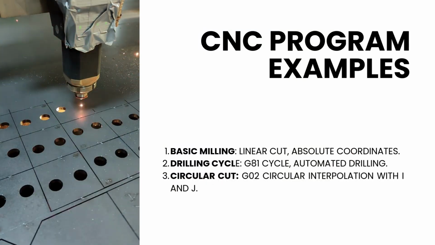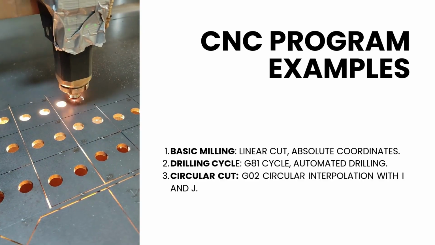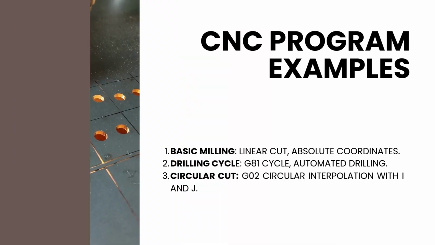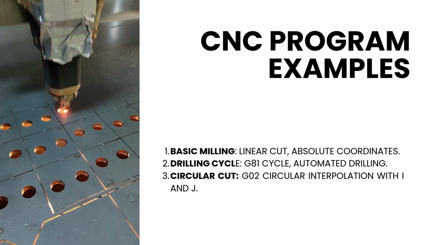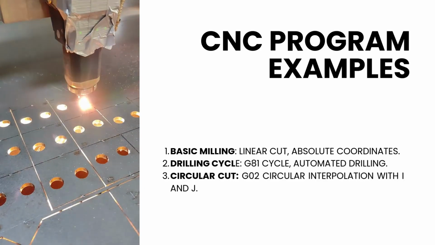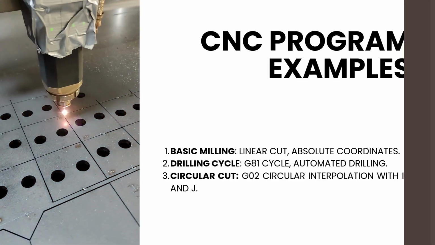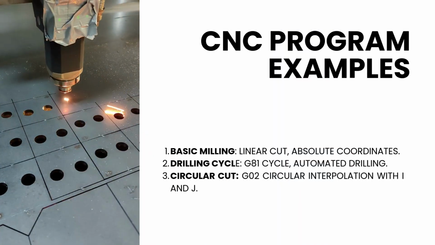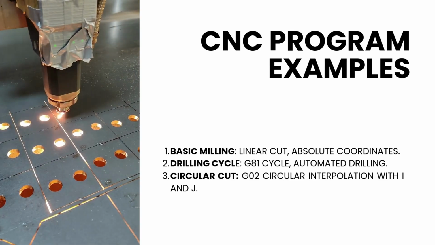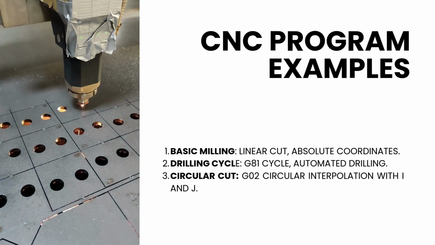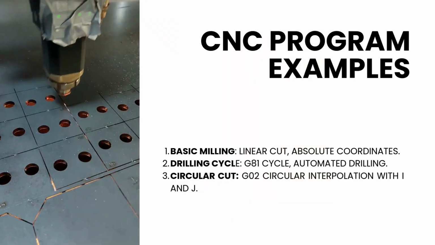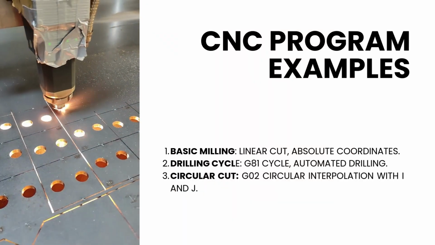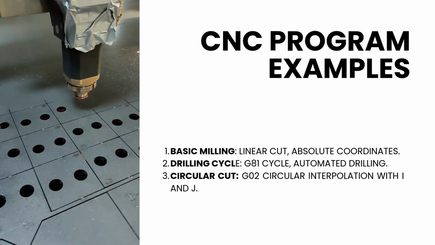Our second example is a drilling cycle. O2001 drilling, G21 G90 T02 M06 S800 M03 G00 X20 Y20 Z5 G81 R2 Z-10 F75 G80 M05 M30.